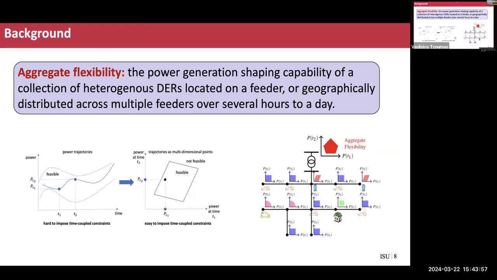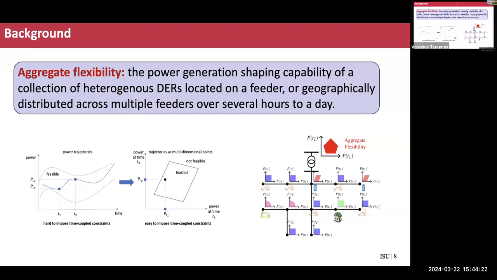Another point we're trying to address is that what we're really trying to characterize is a time-coupled flexibility. It's not a flexibility where you characterize it for a single time period with a lower bound and upper bound.